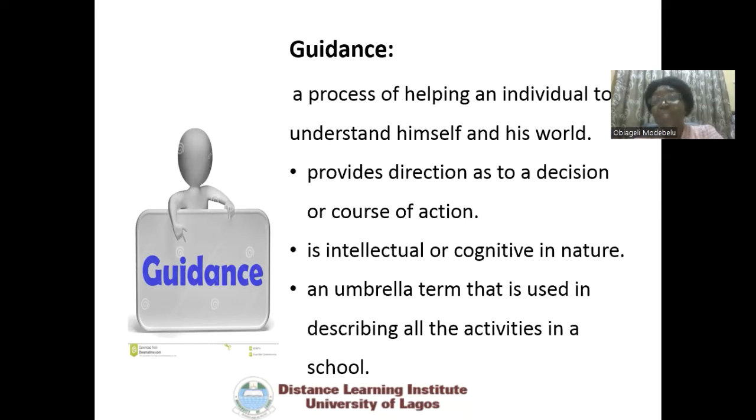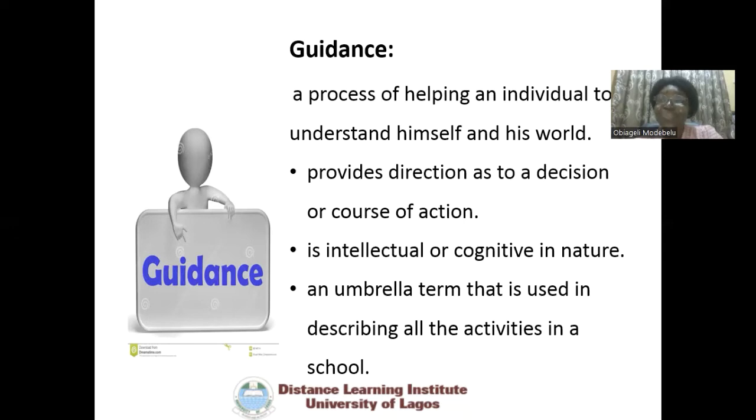That's informal direction or guidance. However, what we are going to study in this course and all your other courses as learners in guidance and counseling is the formal guidance and counseling.